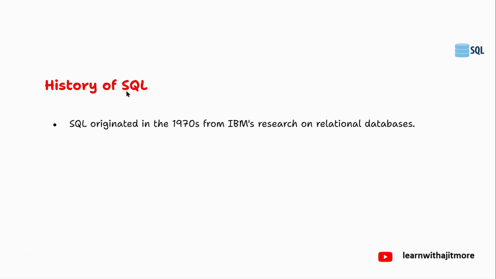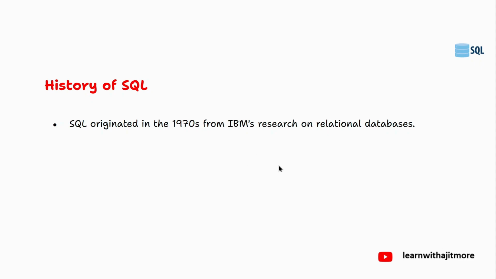And how this SQL came into existence, I told you, it was a research project of IBM people on this relational database. They had designed their own relational database management system, and then they wanted one standard language which will be very much like English, and the users will talk with that DBMS as if they're talking with another human.